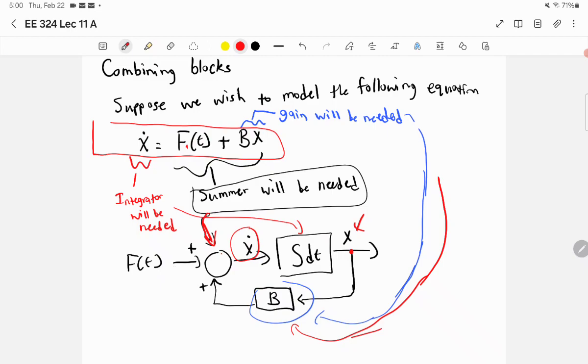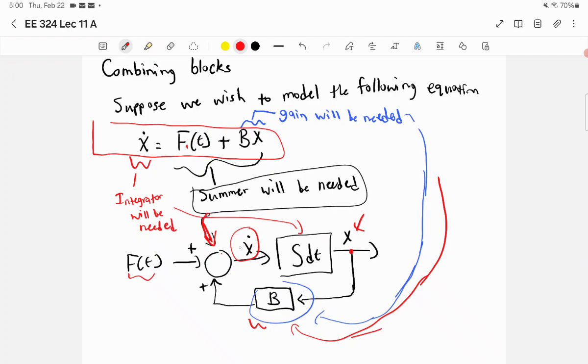Because notice that this x dot is going to be equal to f of t and b times x. And then to get to my x, I need to integrate this x dot, which is what I need this integrator block for.